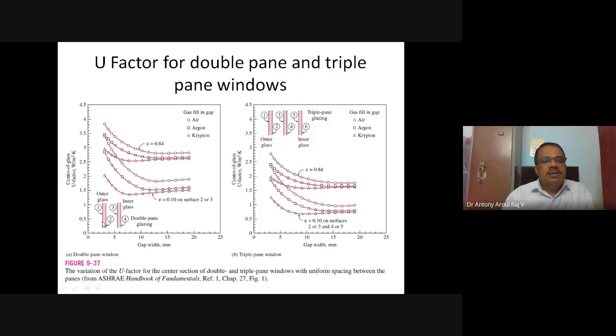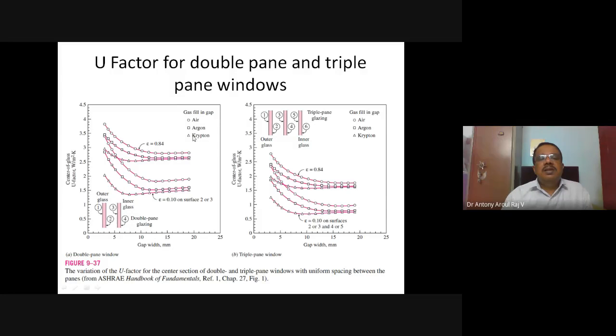Very important: the inner surface has low emissivity glass. Similarly, this is a single paned glass, and you can fill it with air, argon, or krypton. Just now we have seen only air, but you can even fill with argon, and even with krypton, which are inert gases.